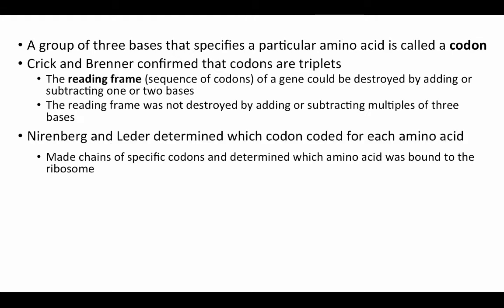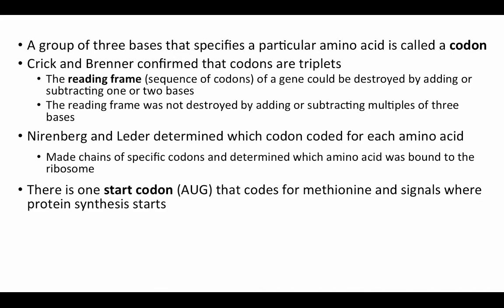Another couple of scientists named Nirenberg and Leder determined which codon coded for which amino acid by making chains of specific codons and just assaying which amino acid was going to be bound to the ribosome with the known codons. So we now know for each of those 64 possible combinations what amino acid is coded for.